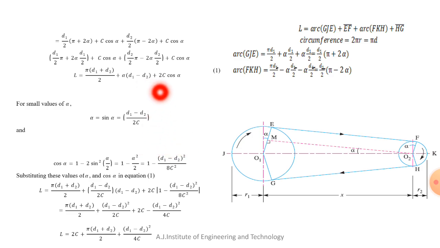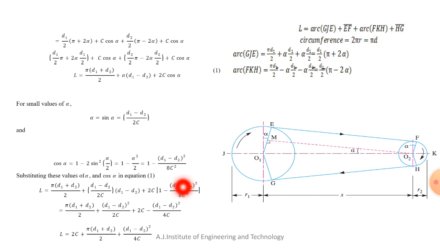So again d1 minus d2, so you'll get d1 minus d2 whole square divided by 2c plus 2c into cos alpha. Cos alpha is nothing but 1 minus d1 minus d2 whole square divided by 8c square. So after simplifying, you will get expression as 2c plus pi into d1 plus d2 divided by 2 plus d1 minus d2 whole square divided by 4c.